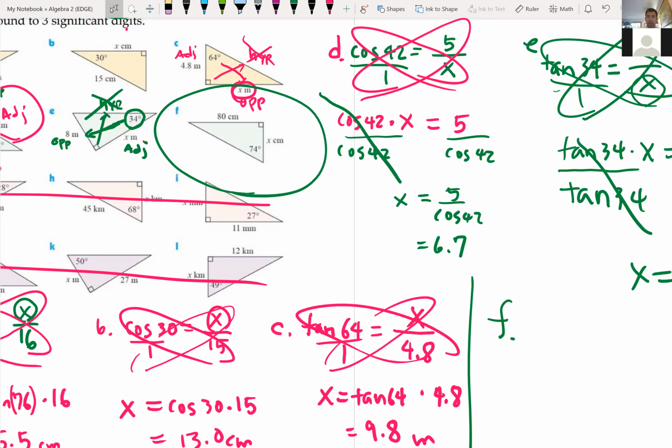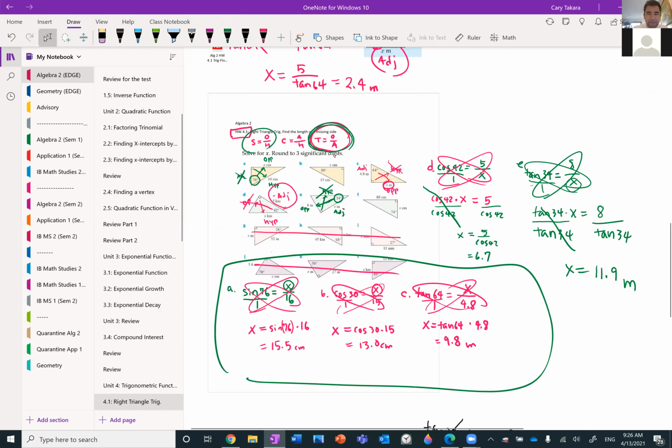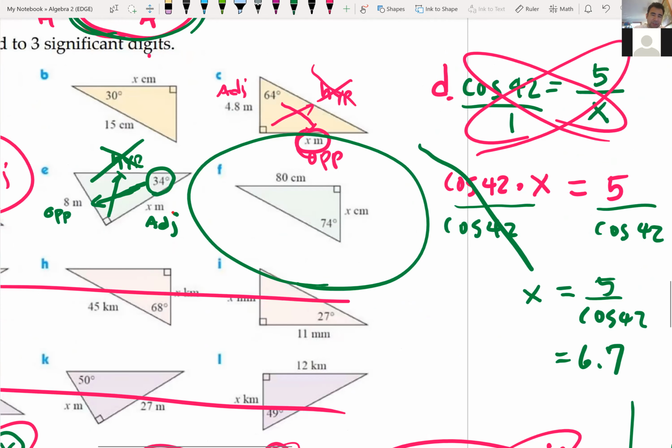Okay, all right, let's finish this up for F. So let's label. Angle is 74 right there. Opposite is always the opposite side of the angle that you're looking at. So opposite is that. Hypotenuse is always the side across from the 90 degree, so that's the hypotenuse.